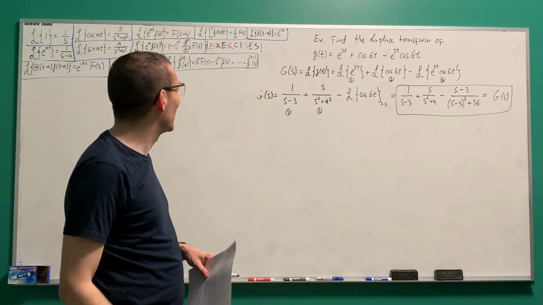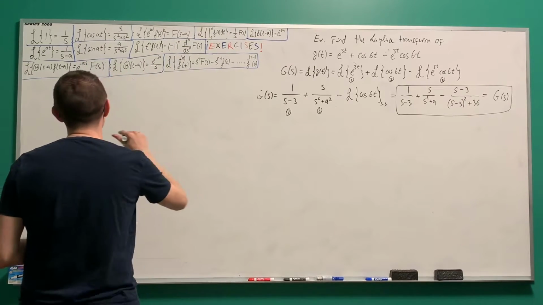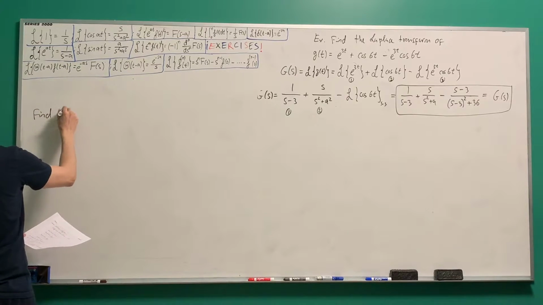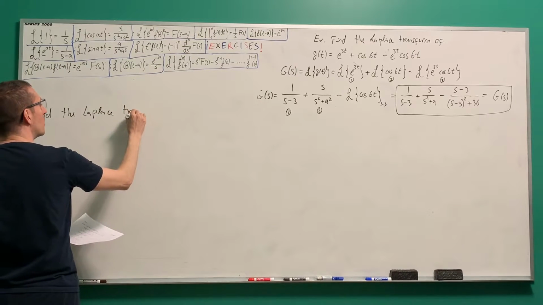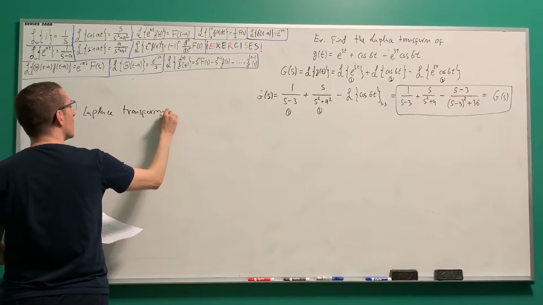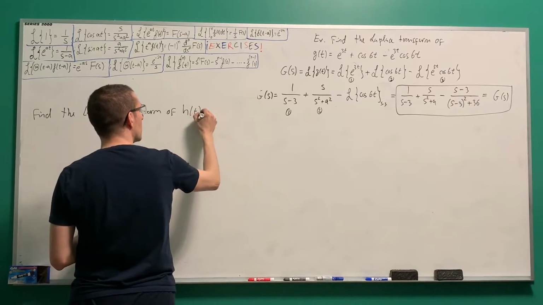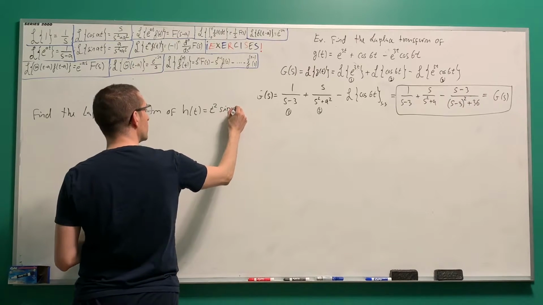Let's do another. I can actually do another on this very same board. I find the Laplace transform of, let's call it h. H of t is t squared sine of 2t.